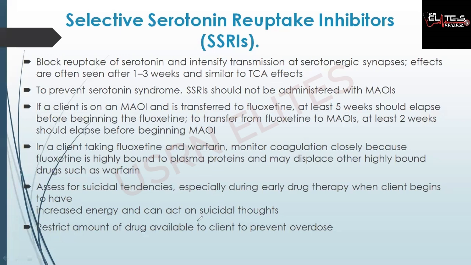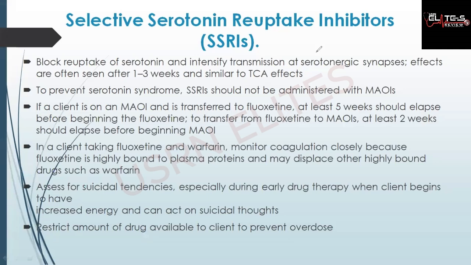Then what do we have here as our last point? Restrict the amount of drug available to patients to prevent overdose. So that one is a safety concern. Don't keep these drugs close to a patient, okay? Because they can even use it.